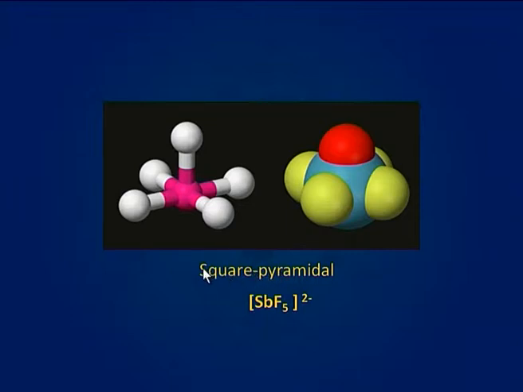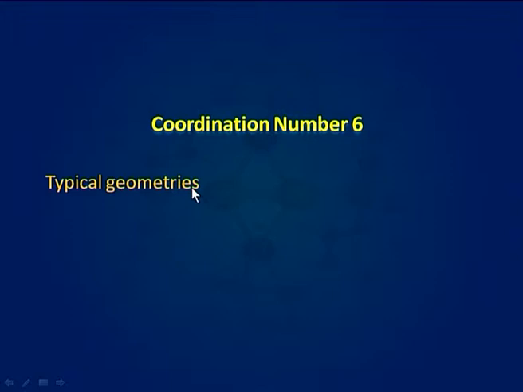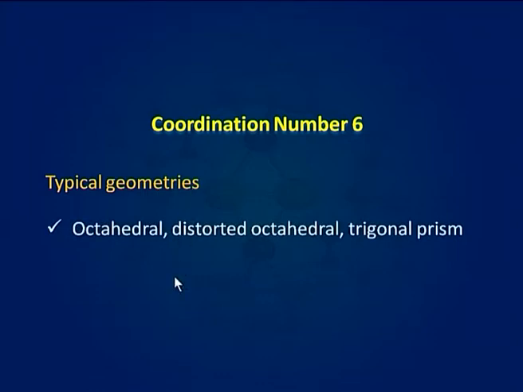Now, here is an example with the square pyramidal geometry. In square pyramidal geometry, you can see there are 4 equatorial bonds and 1 axial bond, but all the bond angles are 90 degrees. The most common coordination number in complexes is 6 and typical geometries for coordination number 6 are octahedral, distorted octahedral and trigonal prism.